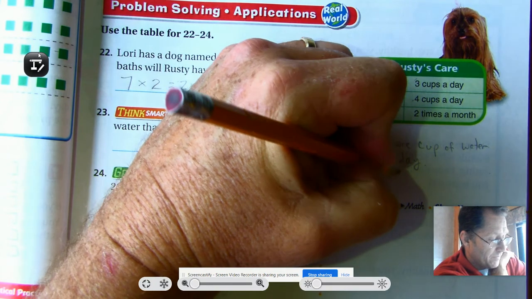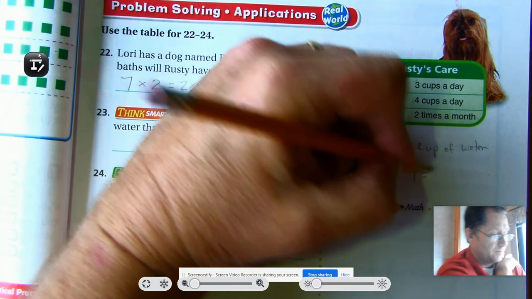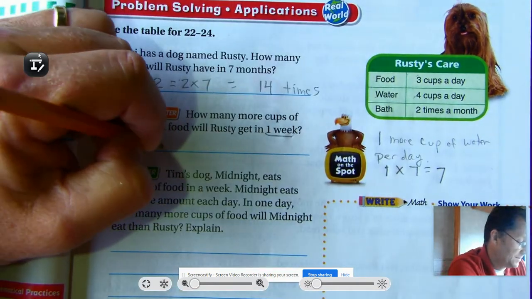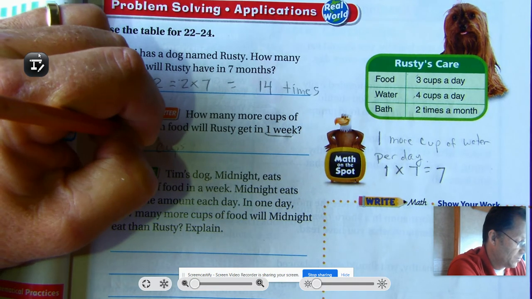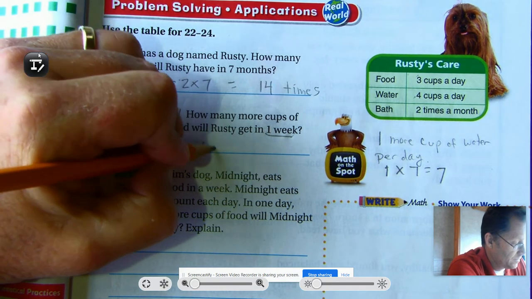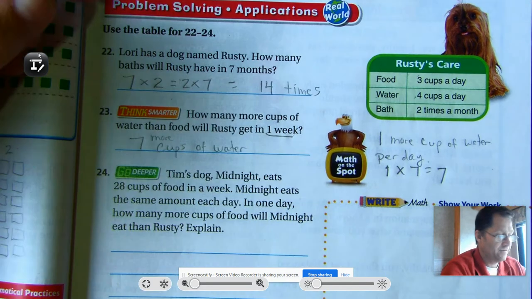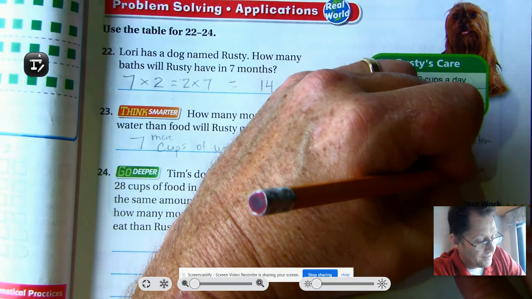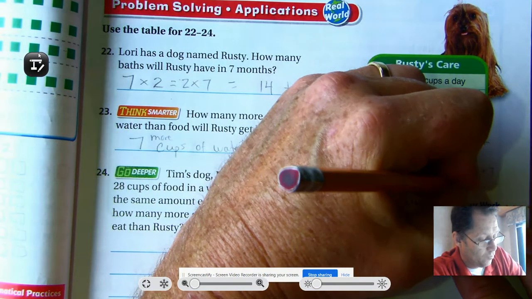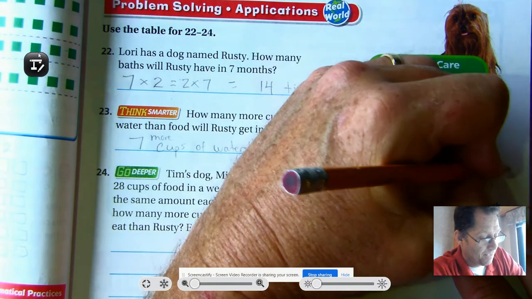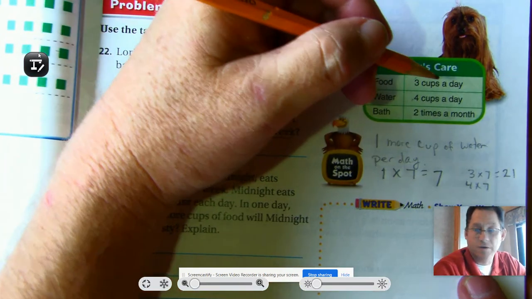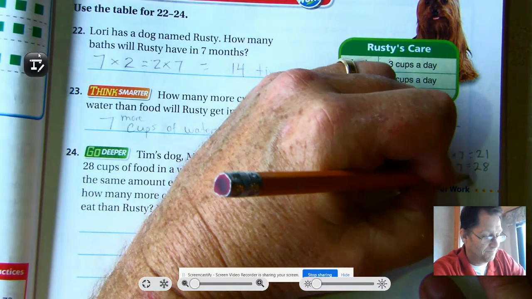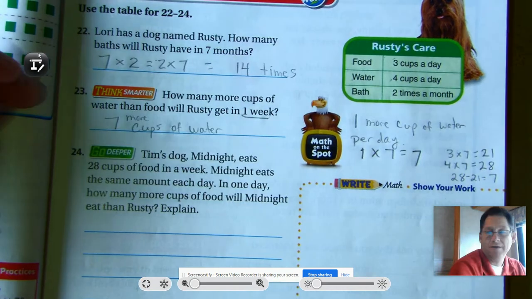So 1 more cup of water than food for 7 days. So we get a total of 7 more cups of water. The other way we could have done that is multiply both of those by 7. So we could have said 3 times 7 and 4 times 7. 3 times 7 is 21, and 4 times 7 is 28, and then we could have subtracted them. Okay. So either way.